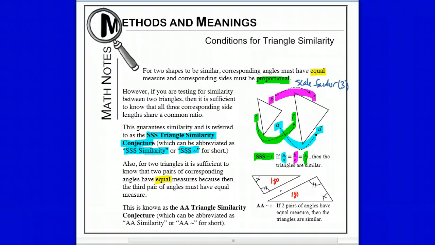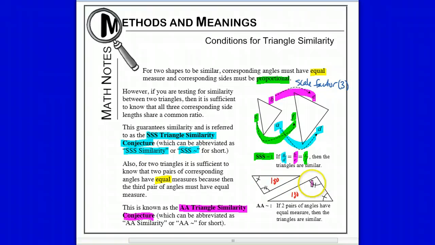So we call this last one the angle-angle triangle similarity, because you really only need to know two angles. Now, if we look at our picture here, they're not giving us angle measurements. They're not saying this is equal to 27 and this one's equal to 93. They're just showing us that they're congruent.